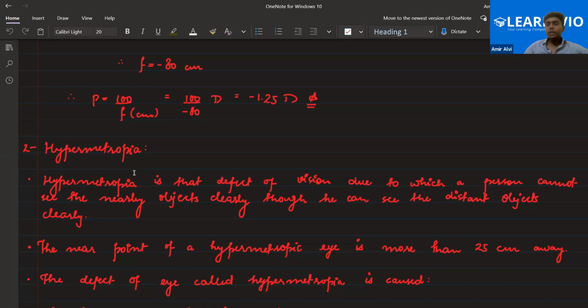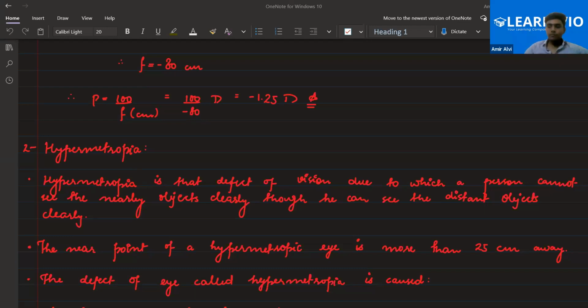Can anyone tell me what the nature of the focal length should be? Will it increase or decrease in this case? Just tell me, everyone. It will increase.